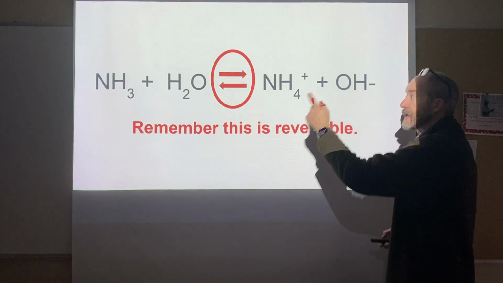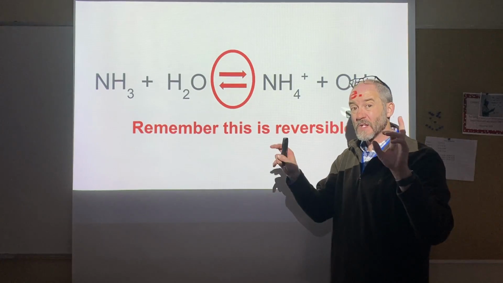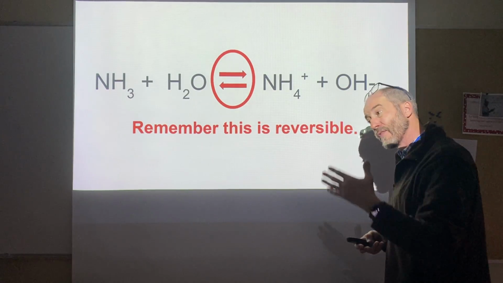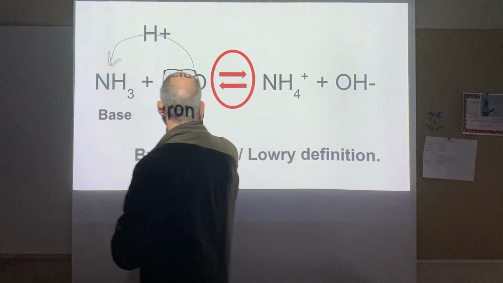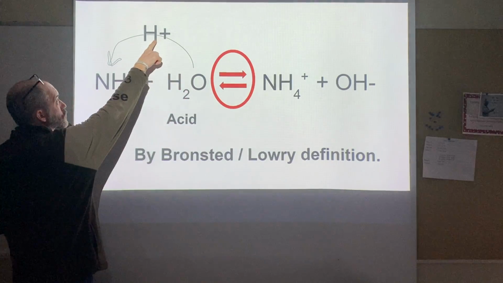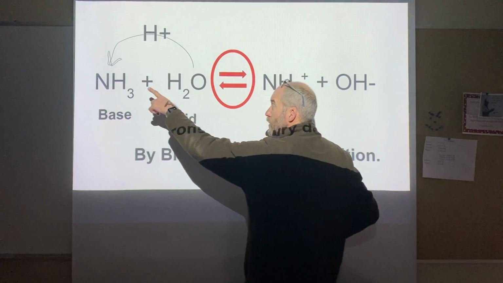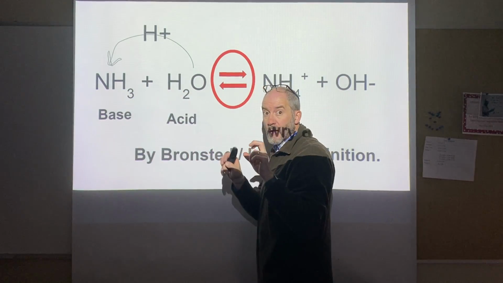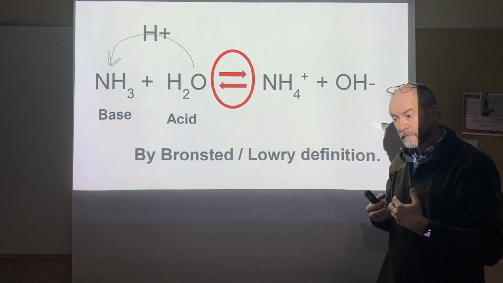But what's going on in the reaction is what defines what the Bronsted Lowry theory states. And what it states is that you have water functioning in this particular example as a hydrogen proton donor, and you have ammonia, okay, acting as the hydrogen proton acceptor.